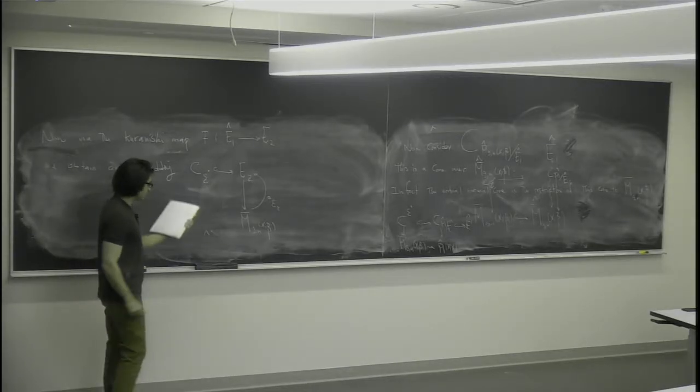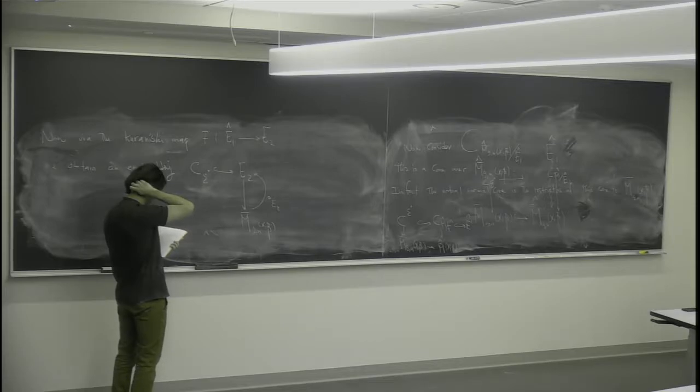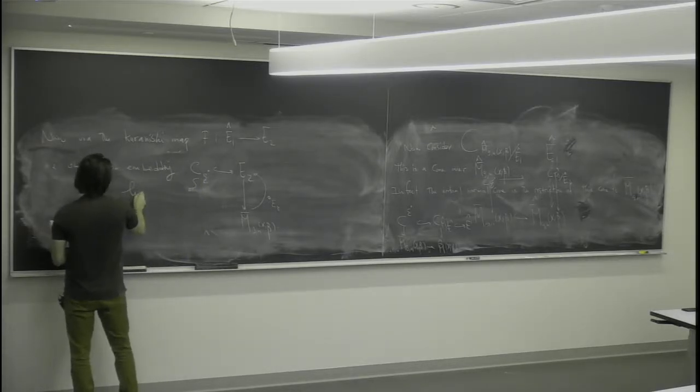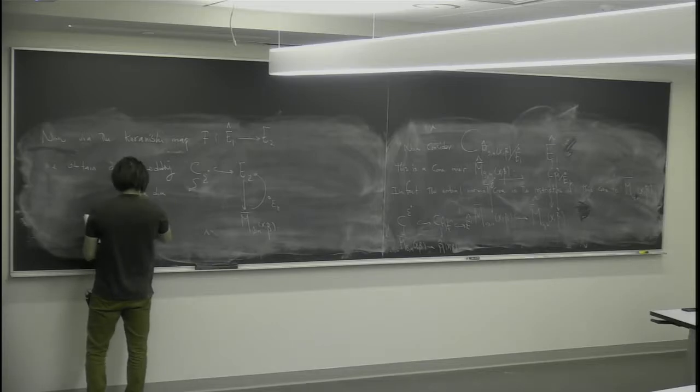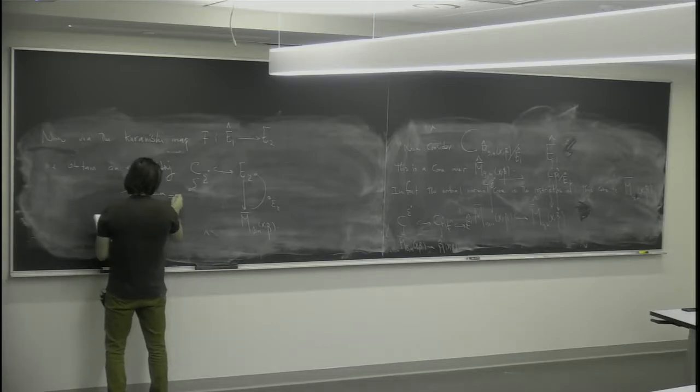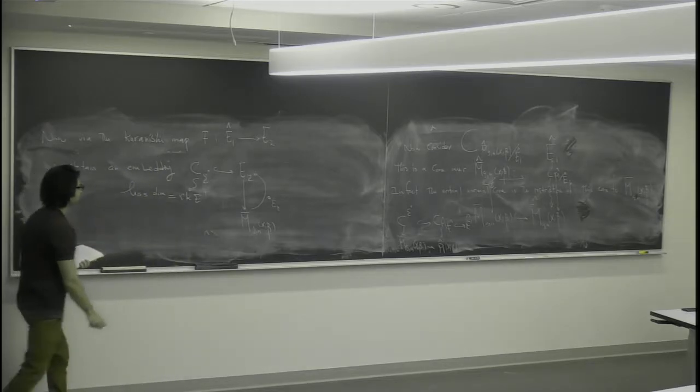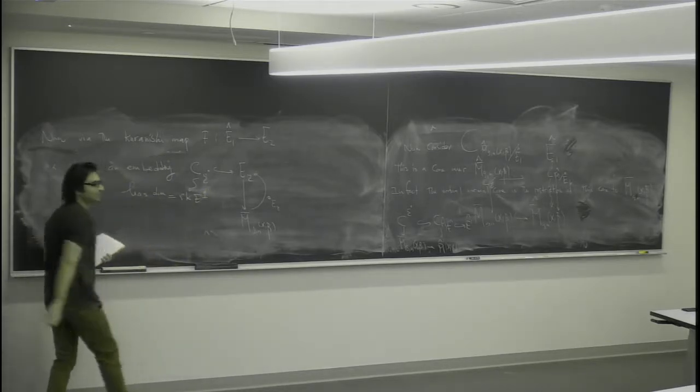As you can see, because this thing has dimension equal to rank of E1, when you pull it back via the 0 section, the degree of the class you obtain in here would be rank of E1 minus rank of E2.